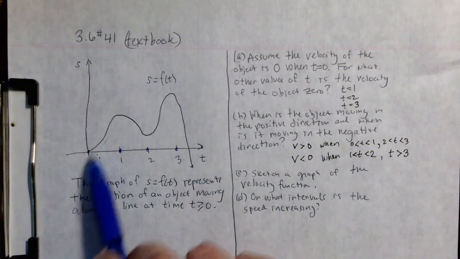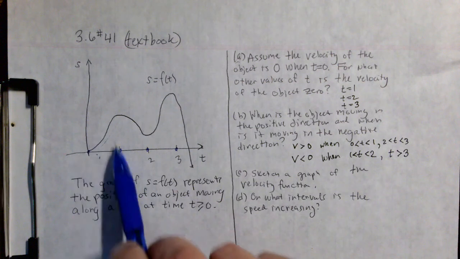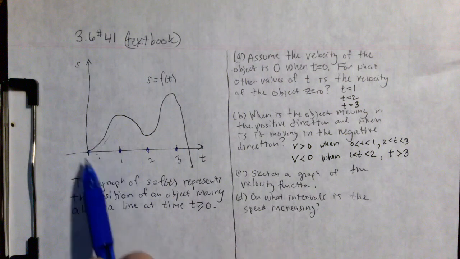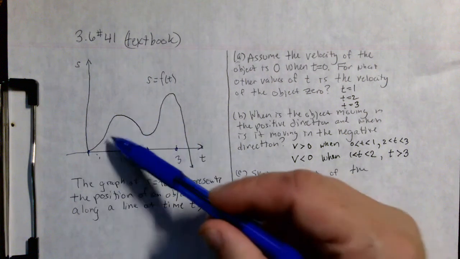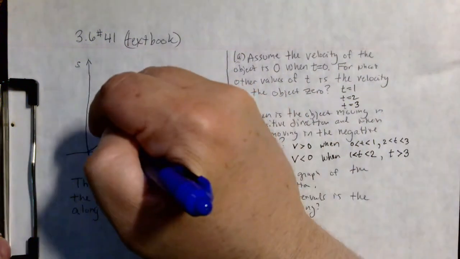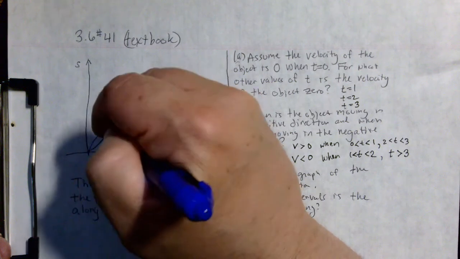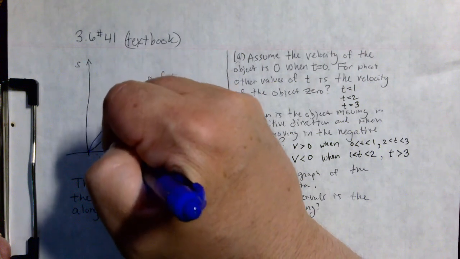But I will say this, and this is something we'll see more in chapter 4. The highest point positive here between 0 and 1 will coincide with where the position graph is rising most steeply. So between here and here, it might look something like that.